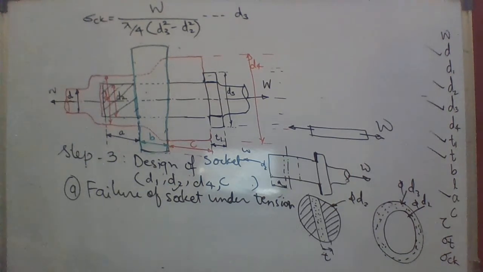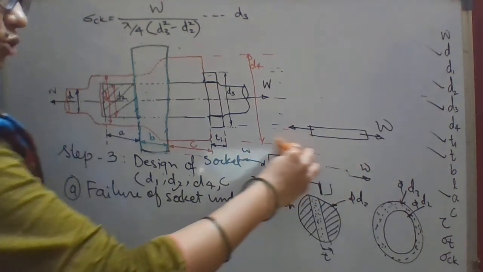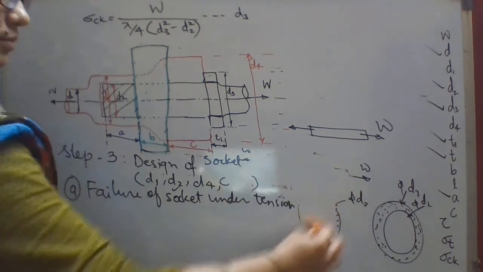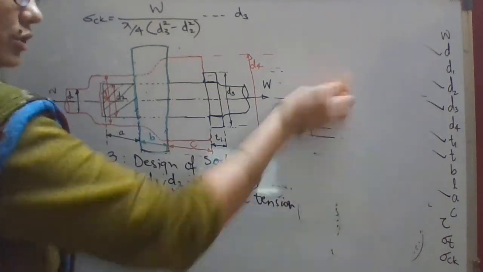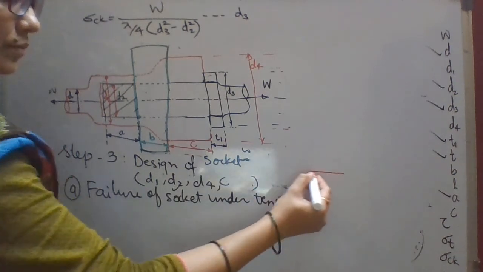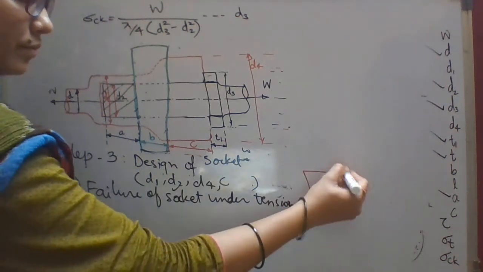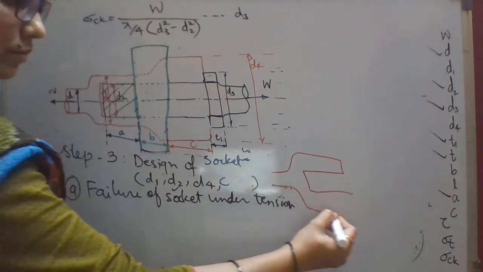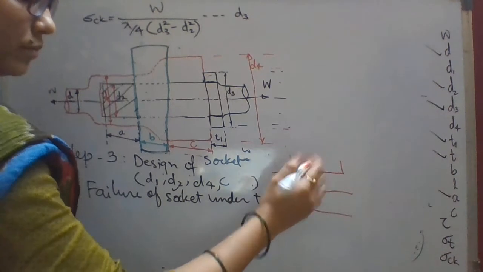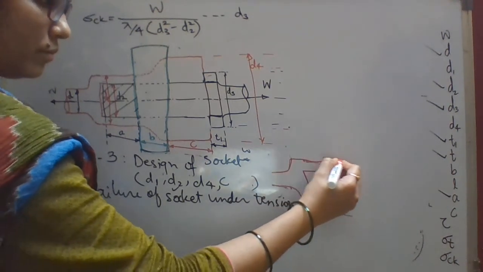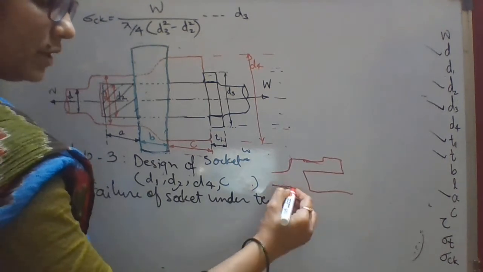मैं तुम लोगों को फिर से एक छोटा सा डायग्राम सॉकेट का बनाकर बता देती हूँ, जैसे स्पाइगेट का बनाया था सेम उसी तरह से. थोड़ा सा इसको स्टेप दिया है.